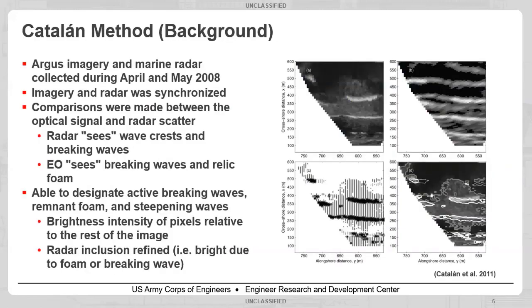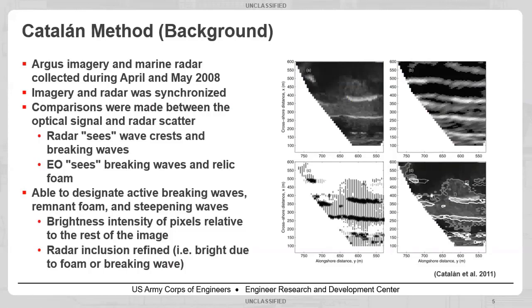So building on to that some more, the Catalan method was developed in 2008 based off of some imagery and marine radar at the FRF. So what they did was they took the imagery and the radar and they synchronized them and looked at the same spatial and temporal ranges, and they were trying to make some comparisons between what was seen in the optical signal versus the radar scatter.